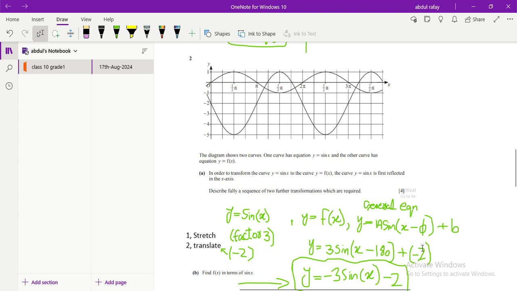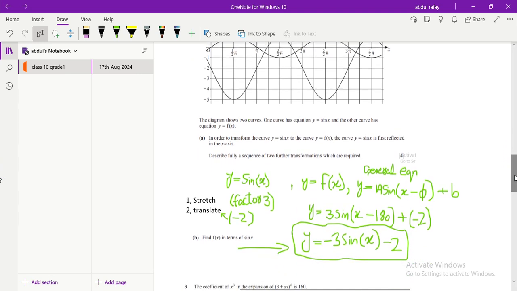And the translation factor just represents how your curve sits above or below the origin. Here the curve is below the x-axis by 2, so that's why I have written minus 2, which is the translation factor.